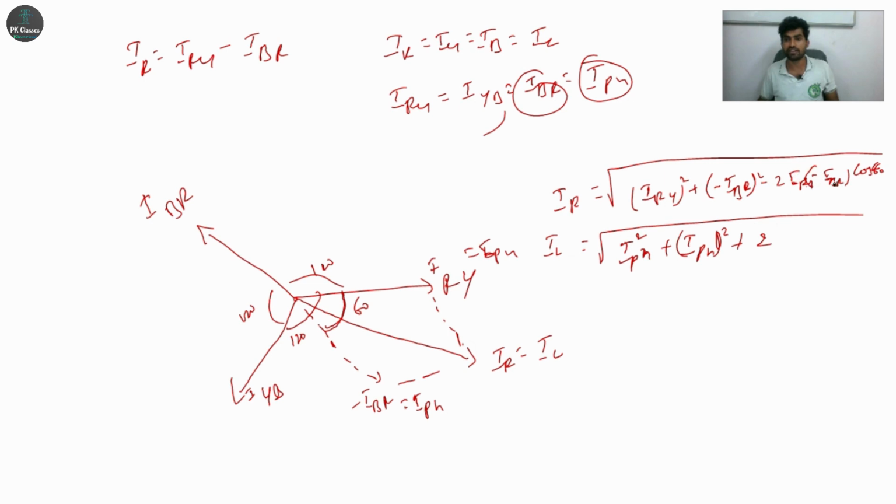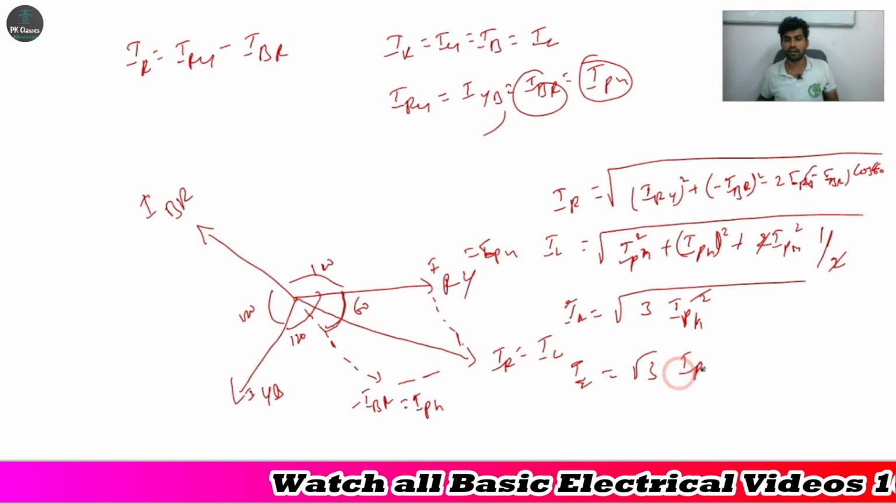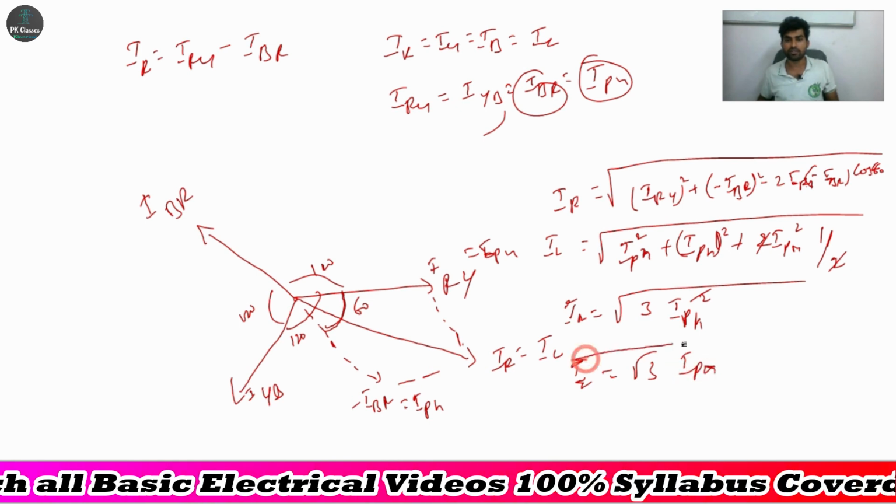IRY is I phase, IBR also I phase, 2 I phase square. So cos 60 is 1 by 2. 1 by 2, 2 get cancelled. You will get IL square is equal to 3 times I phase square. Finally, you will get IL is equal to root 3 I phase. This is the equation.